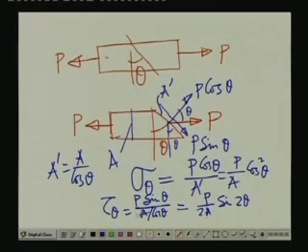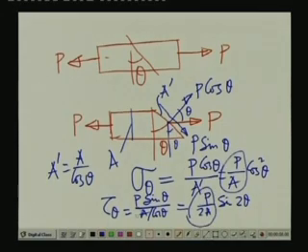So, the maximum value of sigma theta is when cos square theta is equal to 1, which leads to theta equal to 0. And for sin 2 theta to be maximum, 2 theta is 90 degrees. So, theta being 45 degrees gives the maximum value of the shearing stress. So, the maximum value of the normal stress is P by A, and the maximum value of the shearing stress is P by 2A.